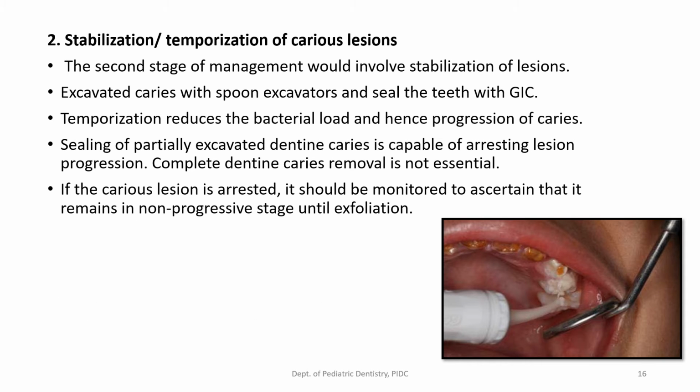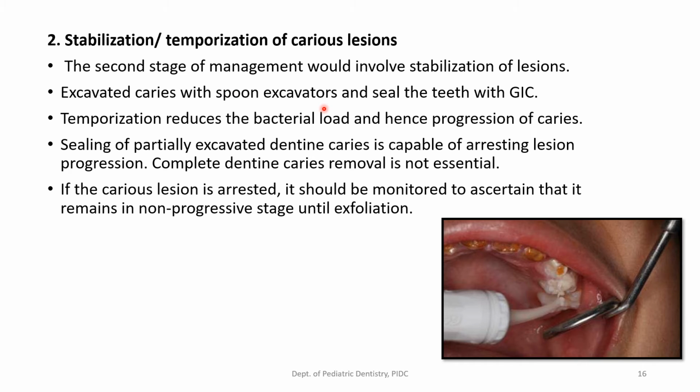The second is your stabilization and temporization of carious lesion. What you do in this particular step is that you excavate all the carious part with a spoon excavator. Everything that comes out with the spoon excavator, soft and leathery dentine, remove it with the spoon excavator.